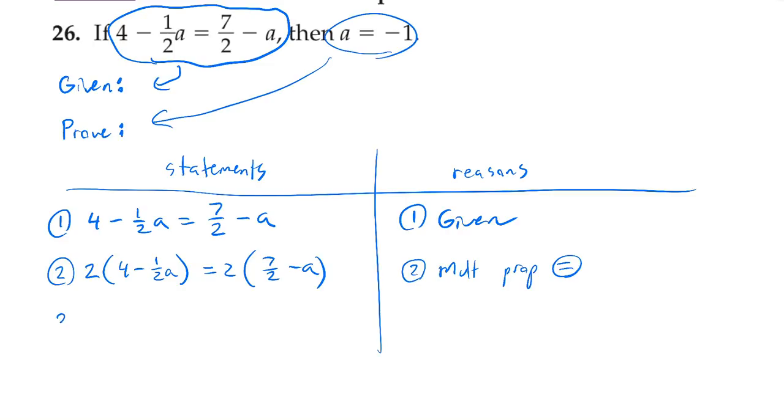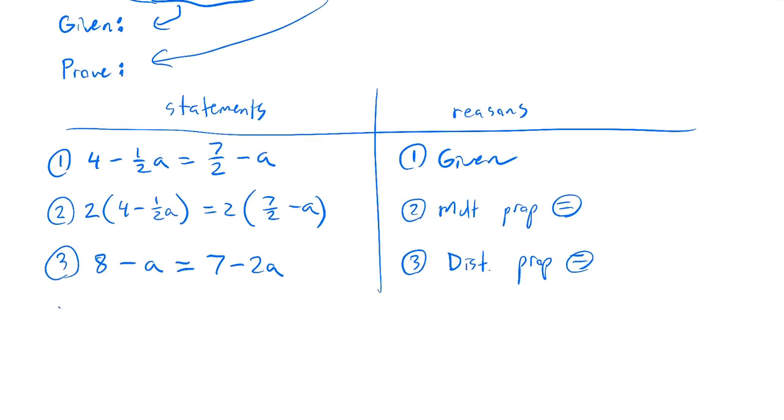Okay, and then step 3, I'm going to go ahead and distribute that in. Now, really, you could distribute and then simplify in 2 separate steps. I'll just do it in one. So distributing that in, I get 8 minus A, right? 2 times 1/2. And then equals, this is 7 minus 2A. So that's the distributive property of equality.